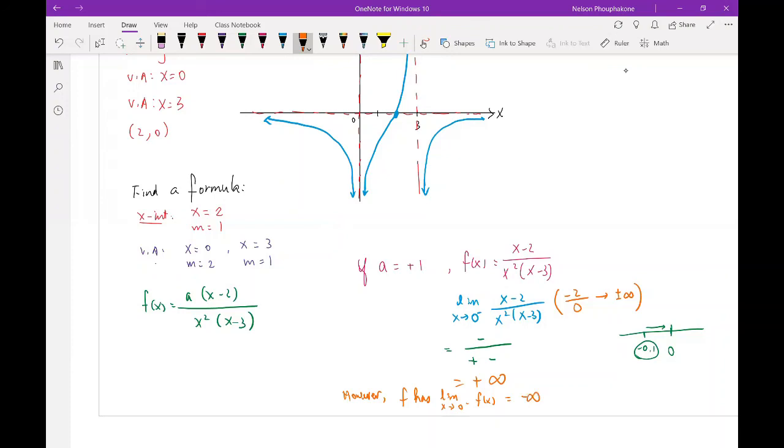So this contradicts. Therefore, in this case, a cannot be positive 1. Then I will have f of x is negative x minus 2 over x squared times x minus 3. This is the formula.